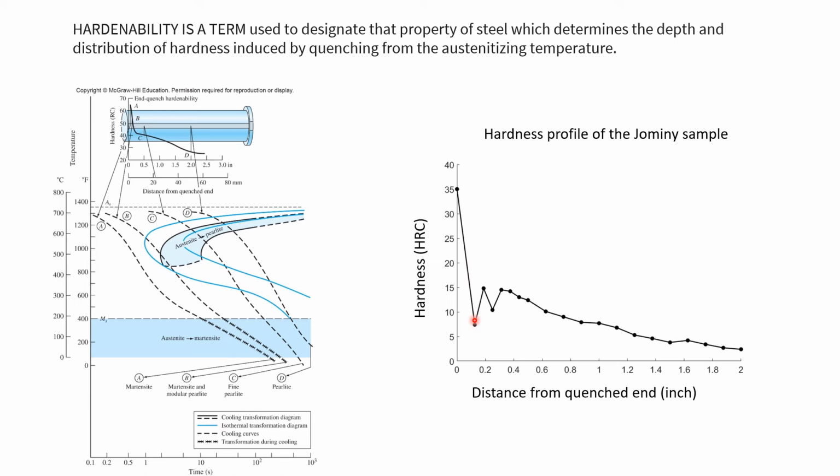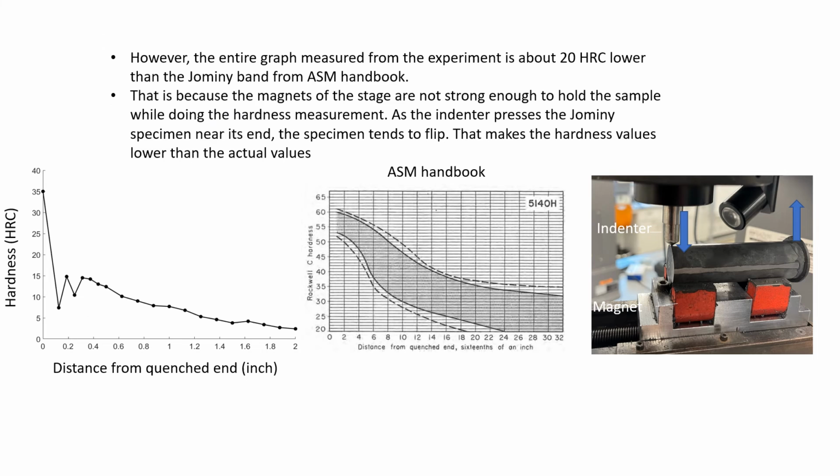You also see some bumps on this curve. That's because of our experiment setup, which I'm going to talk about in the next slides. This Jominy curve is actually characteristic data, a property of a certain material. You can compare this Jominy curve to a standard Jominy band from the ASM Handbook.